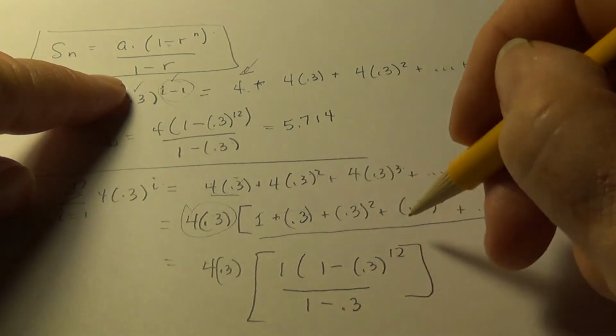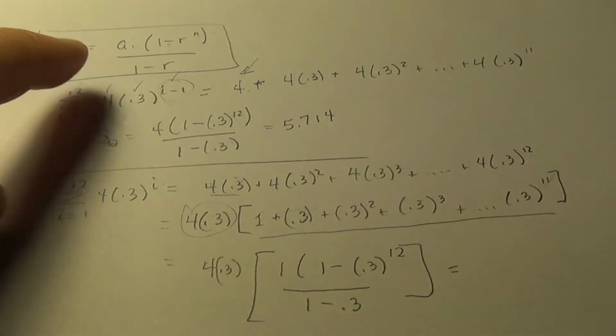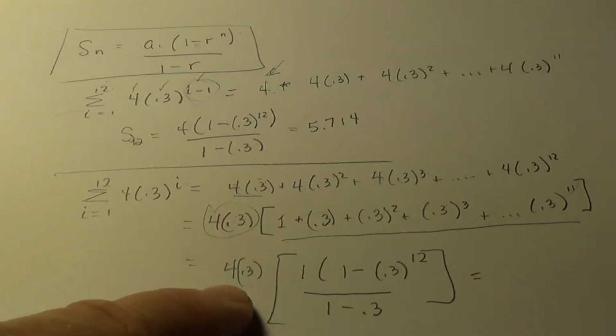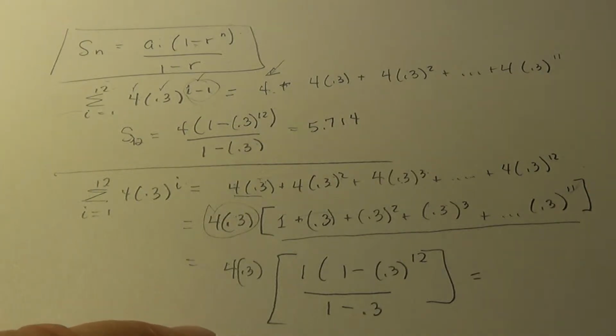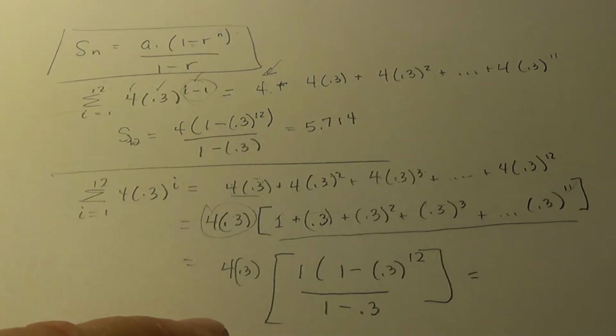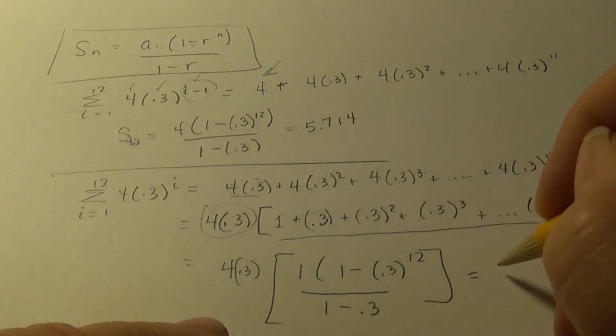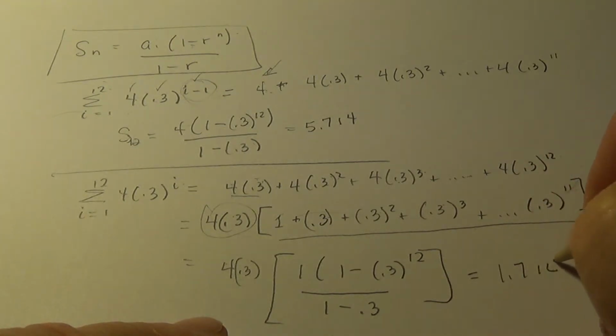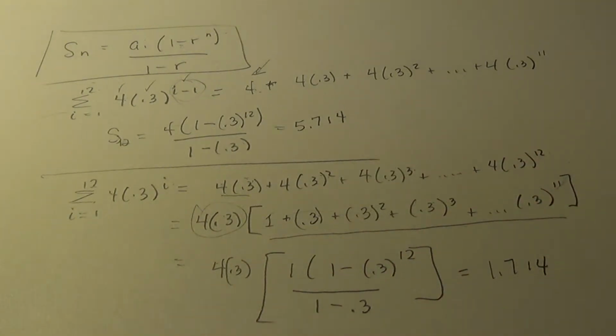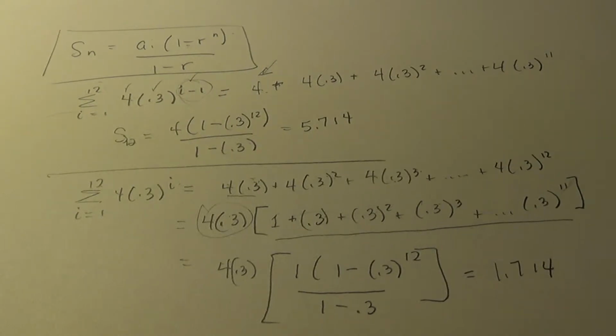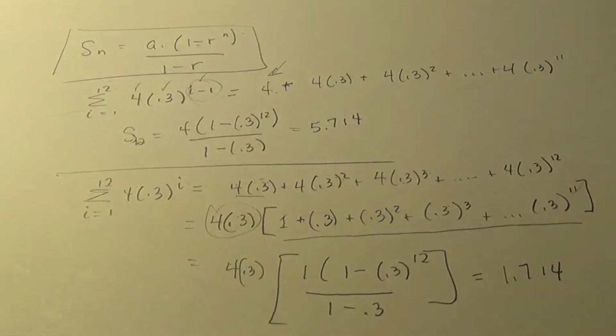When I get that number, I'm going to multiply it by 4 times 0.3. Do you see that adjustment I had to make? When I tapped all that out, I got 1.714. It's one of those things you'll probably get better at after you do a couple yourself.